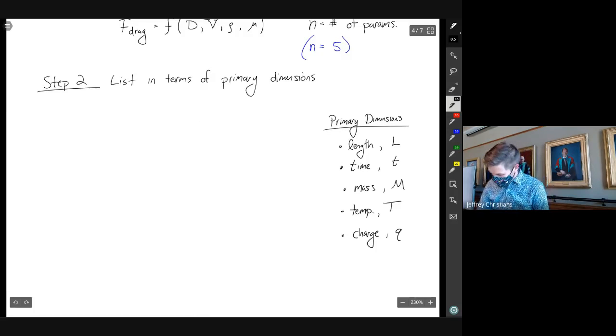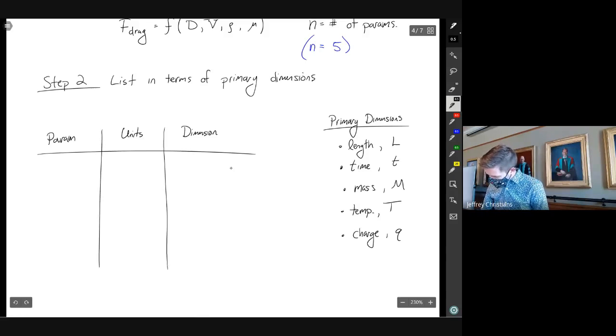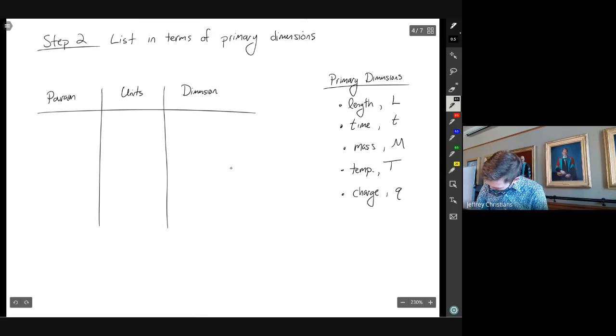So let's make a table. We have the parameter, we have the units, and its dimension. So we'll start with drag force. What are the units on drag force?